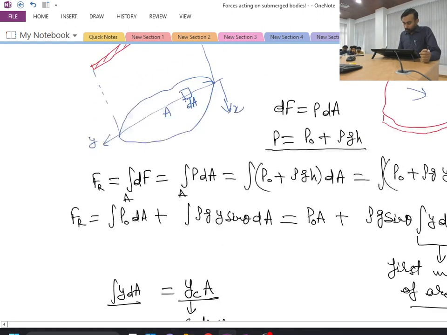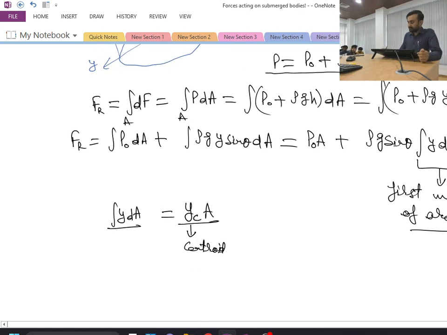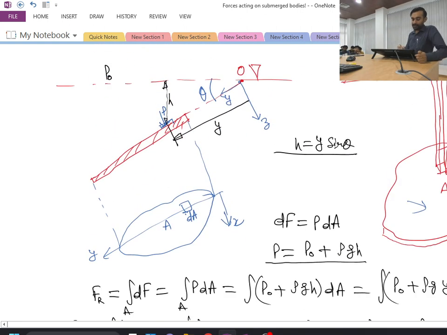Now what will be happening? What is yc over here? Let me specify. This is the plate, and this particular plate has some surface area A. What will be the centroid of this planar portion? That will be somewhere over here. The projection of this point on this side view will give me the value of yc.